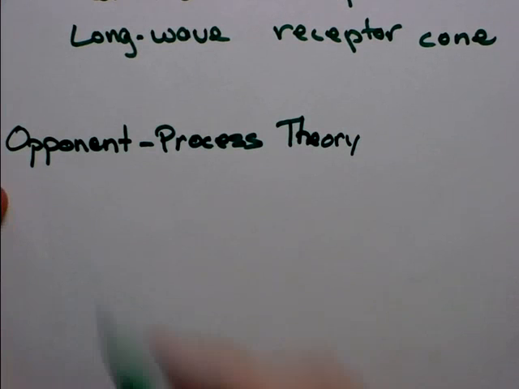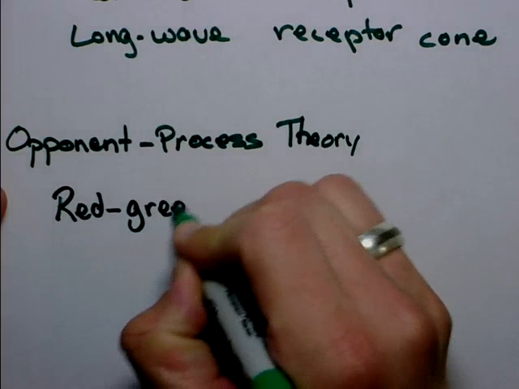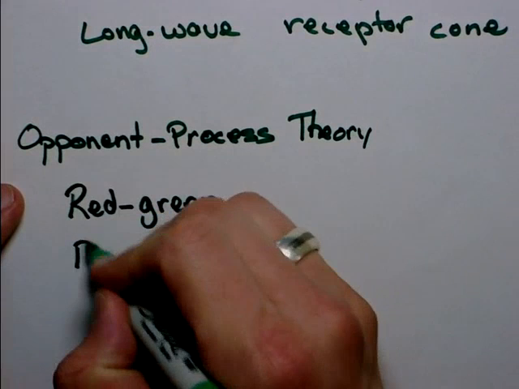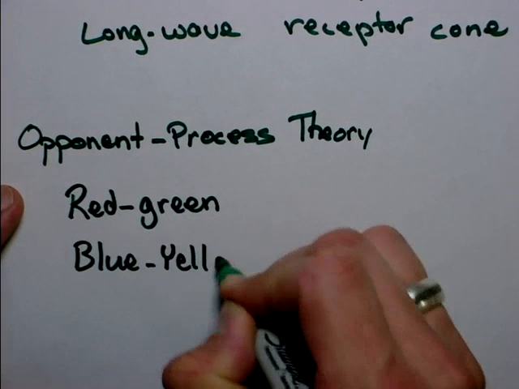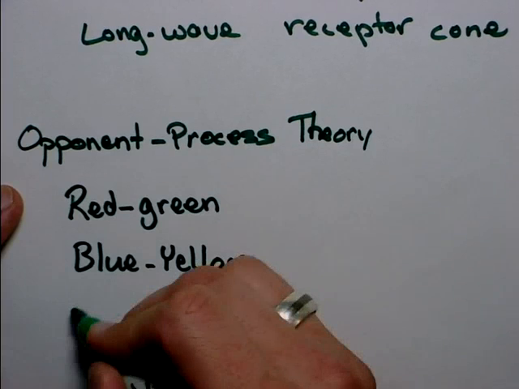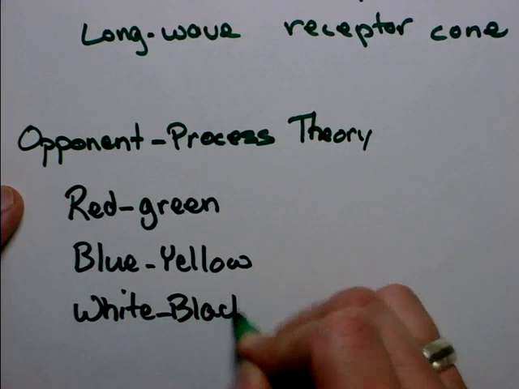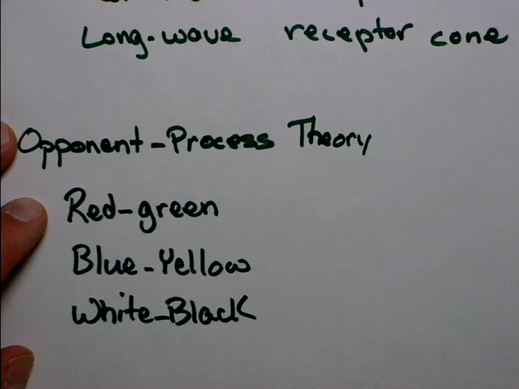You have a red-green opponent process, a blue-yellow opponent process, and a white-black opponent process. There is no such thing as a reddish-green.